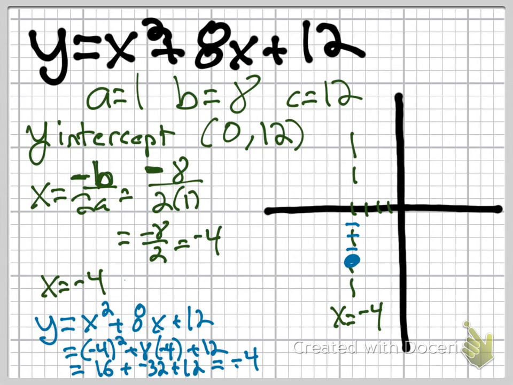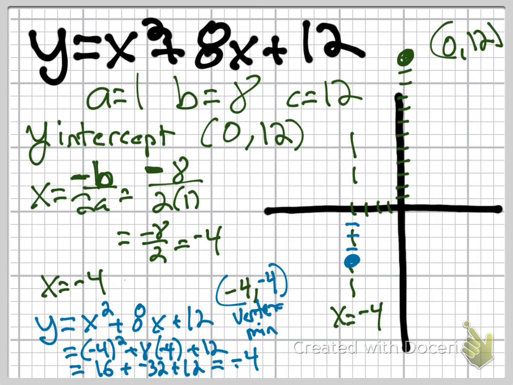When you put together the axis of symmetry and the value you find when you put that x number in, that gives you your vertex. And we can see that vertex was a minimum. There's that y-intercept, that 0, 12 up there.